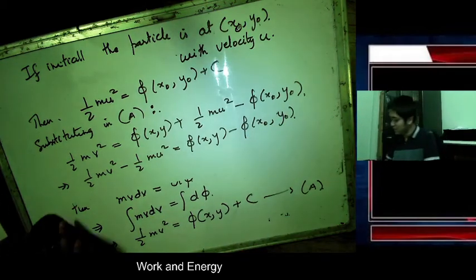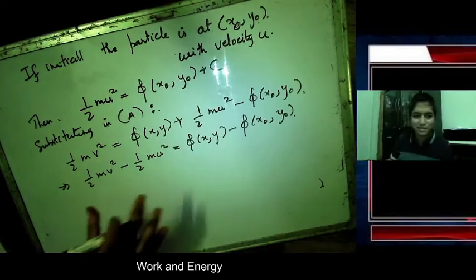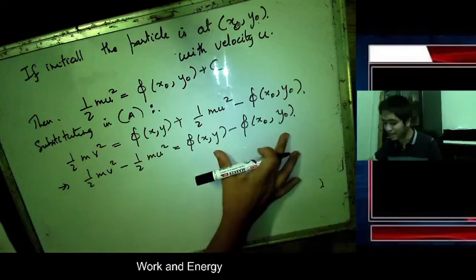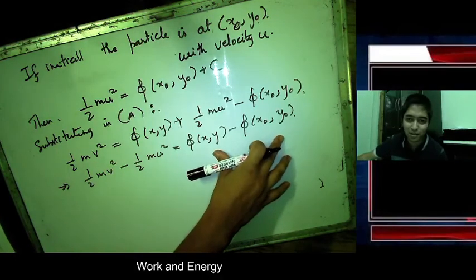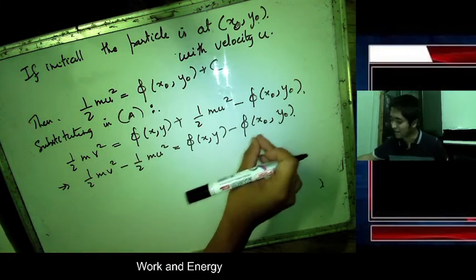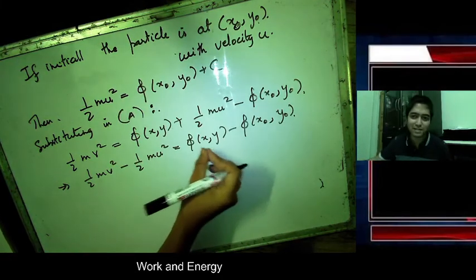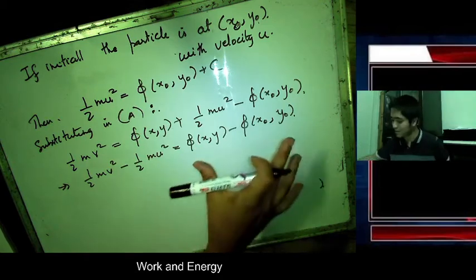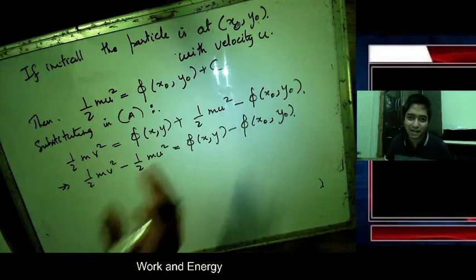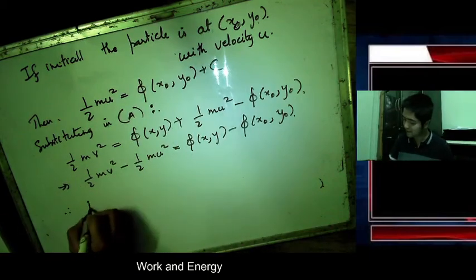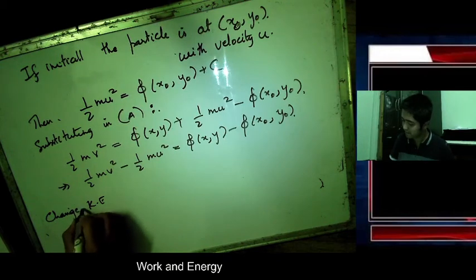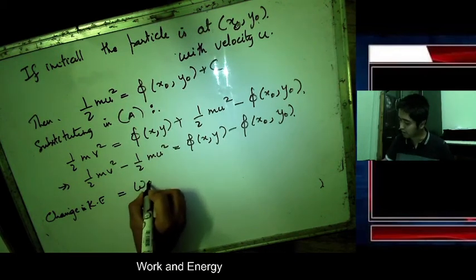So this is what is happening. This left hand side is the change in kinetic energy, and this right hand side is the work done on moving the particle from x naught, y naught to a new position x, y. Just like I had said, the right hand side is the work done after integrating. Hence, the change in kinetic energy equals the work done.